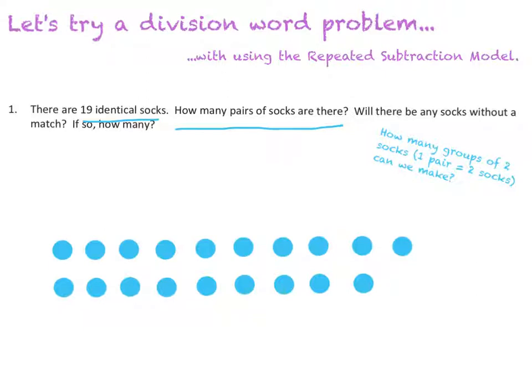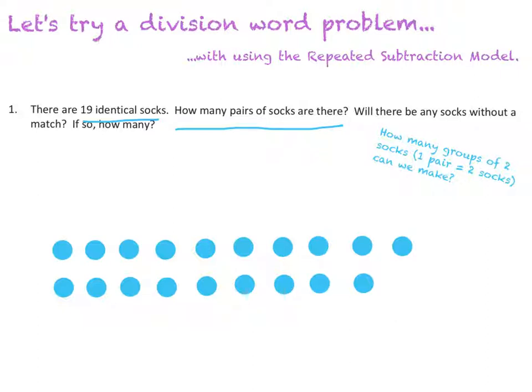So in other words, we're really asking ourselves, how many groups of 2 socks can we make? And we also want to know, will there be any socks without a match, and if so, how many? Whenever we find a quotient, or the number of groups that we've made, anything that is left over or without a match is called a remainder.